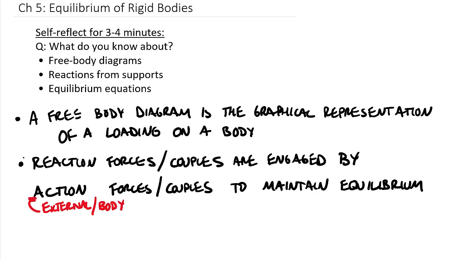Okay, so when we're talking about these action forces, things that are being applied to a body, when these external forces are applied, or there's a body force, a weight applied, we need other forces to keep the system in equilibrium. Those other forces come from the other bodies, the other things, the other supports that are touching that rigid body, and so we call those reaction forces coming from these supports.